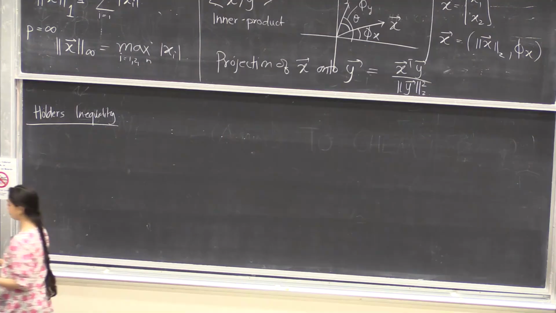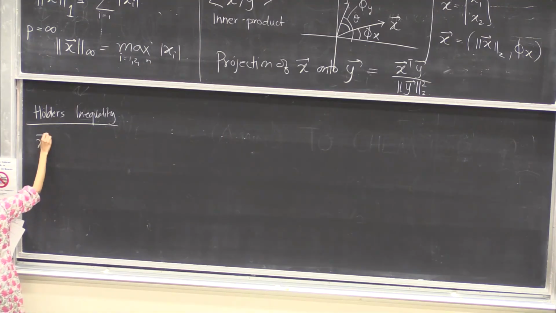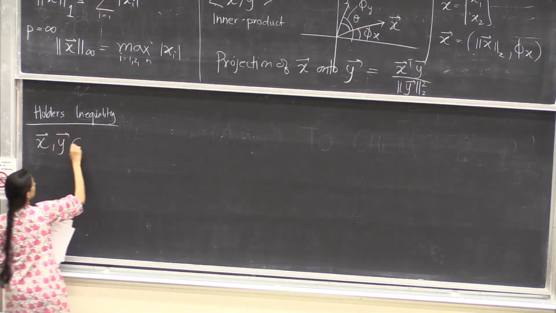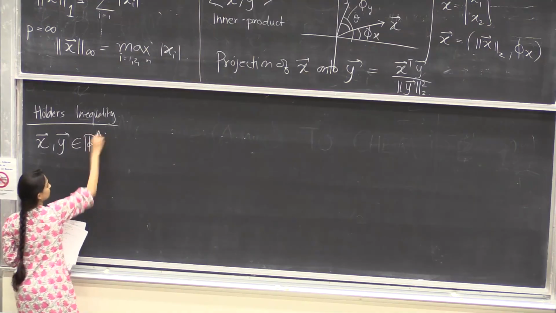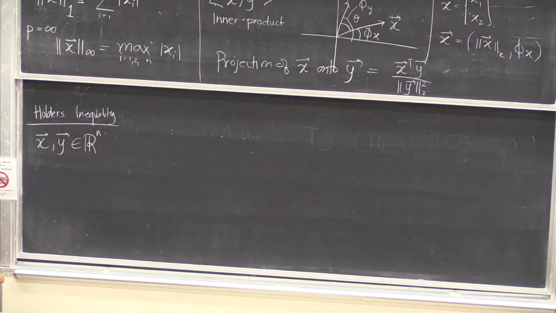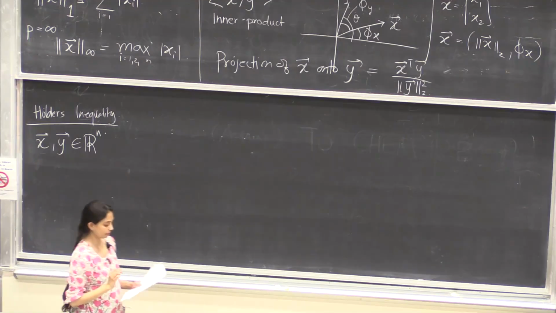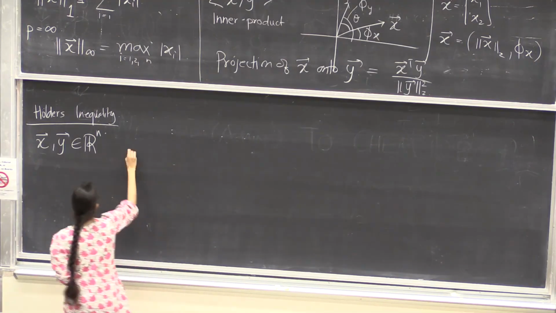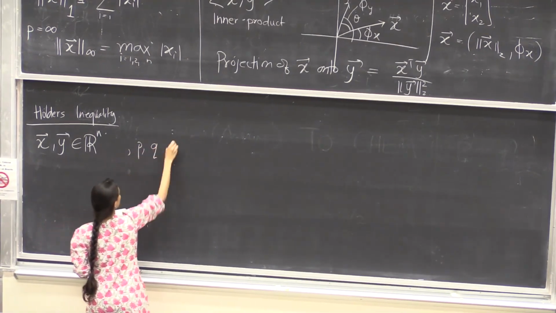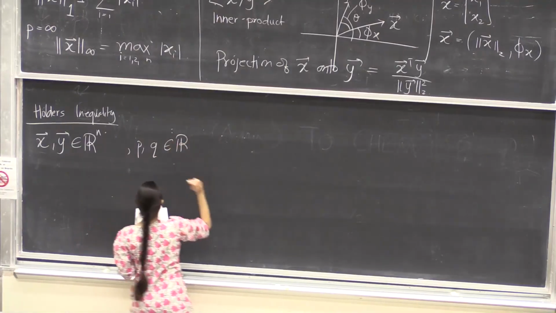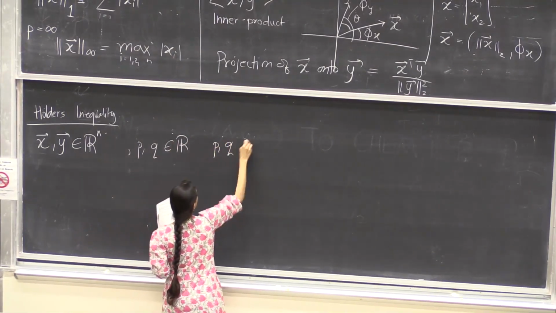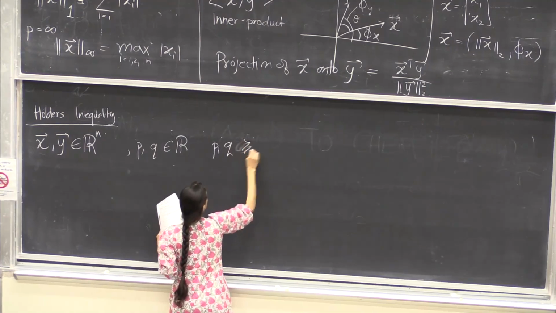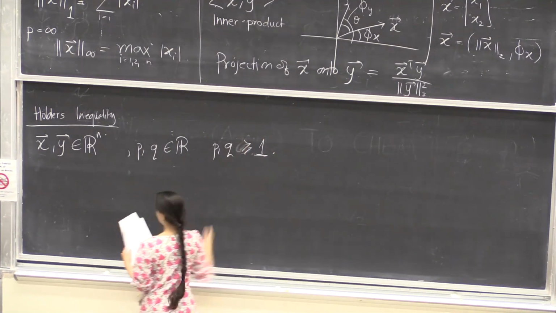Holder's inequality says the following. Let's say I have x and y that are 2 vectors in R^n, right? They're specific n-length, real valued vectors, okay? And let p and q be real numbers, both greater than or equal to 1.